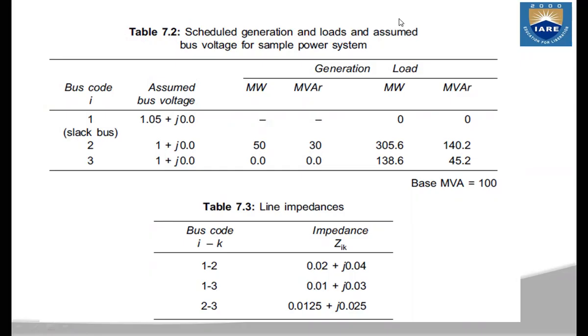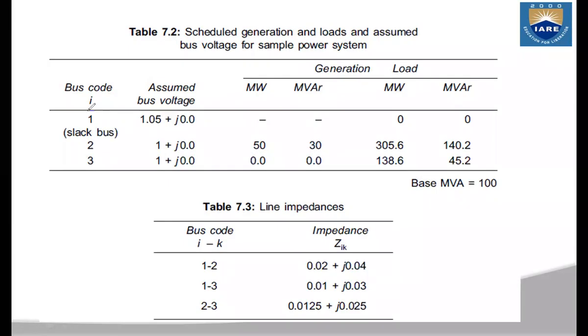In Table 7.2, the scheduled generation and loads and assumed bus voltage for the sample power system are given, and in Table 7.3, line impedances are given. If you observe Table 7.2, for your given power system network, you have 3 buses.